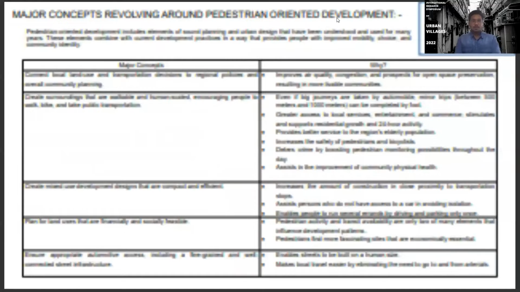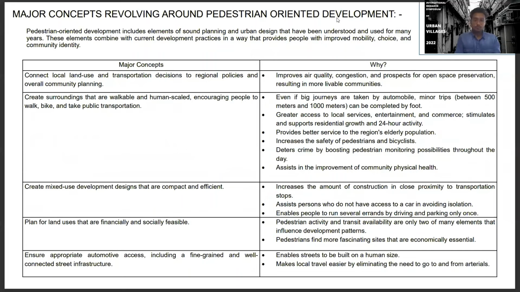Now, the major concepts revolving around pedestrian-oriented development basically talk about connecting land use and transportation, walkable surroundings that encourage people to opt for it, then mixed-use development, planning land uses in a financially and socially feasible way, and ensuring that the streets are well connected.